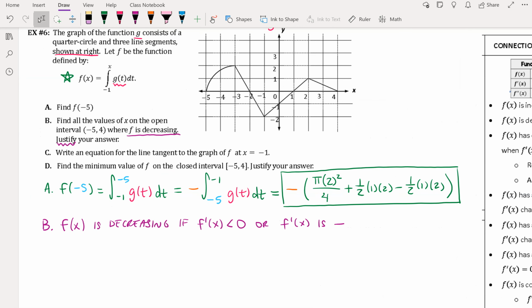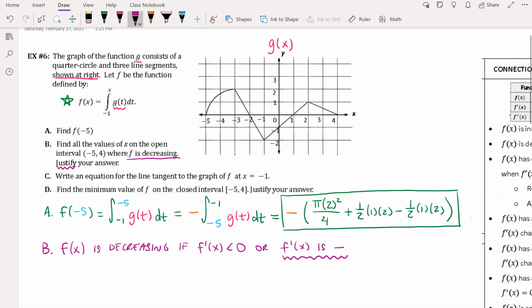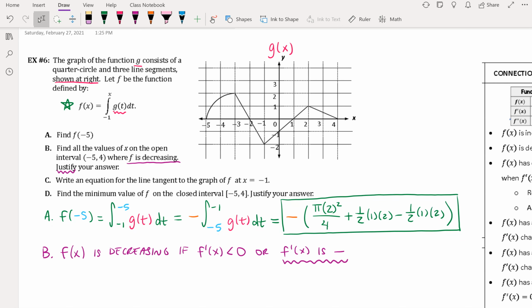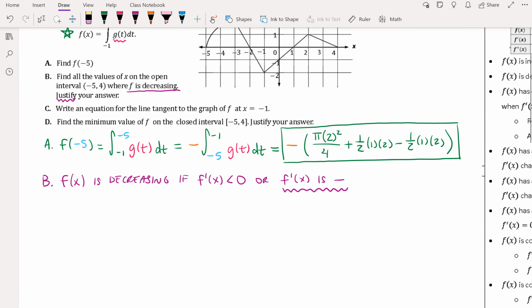We need to know where f prime of x is negative. So do we have f prime of x given to us in our problem? No, we don't. But we do have f of x. We know f of x, so we can find f prime. So I'm going to rewrite f of x right here, and then I'll find f prime. F of x is the integral from -1 to x of g of t dt, right?